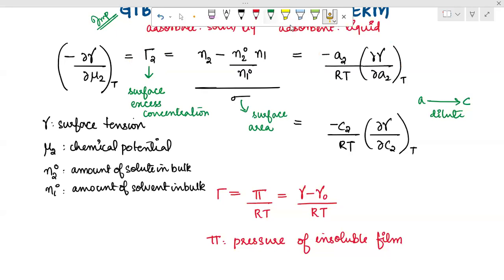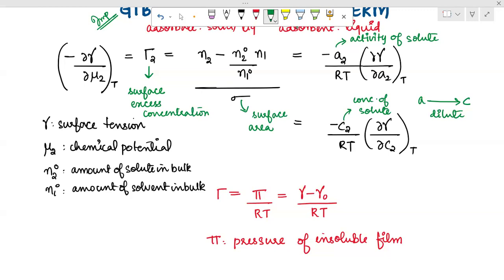Okay, what is A? A over here is the activity of the solute. And under highly dilute conditions, this activity becomes concentration. So what is C? C is the concentration of solute. So this is more important. Okay, this is of even more importance.